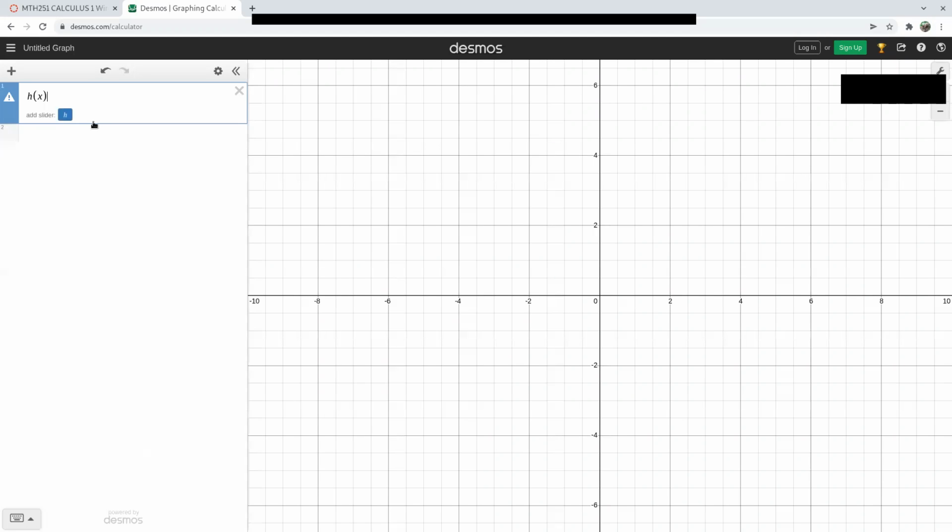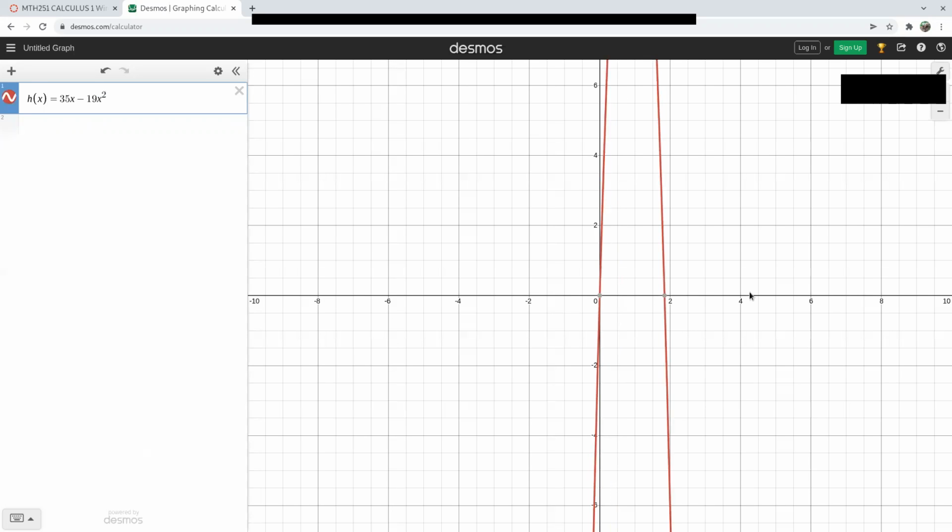Desmos appreciates x's. Don't think it does t's, but I'm just going to use x. And I have 35x minus 19x squared. So that is the graph here. And, oh, interesting, 2 seconds later, it happens to hit the ground. And so we're going to try and find the speed at which it hits the ground.